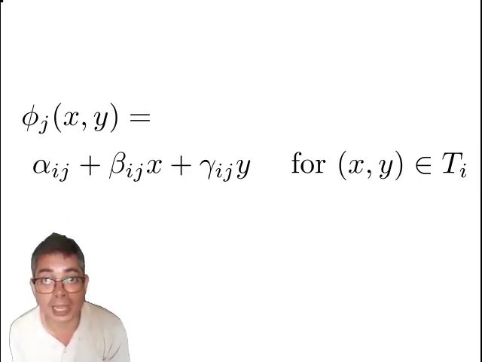Of course, if triangle i is not adjoining vertex j, then all these things are just 0. If node j happens to be a vertex of triangle i, then these are going to be non-zero. But whatever the case, all these alphas and betas and gammas are completely known. They depend only on the way we have taken the triangles.